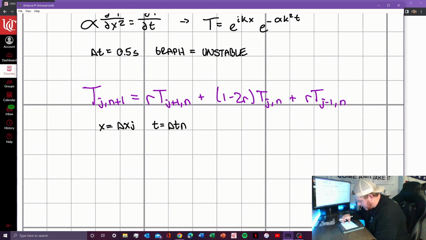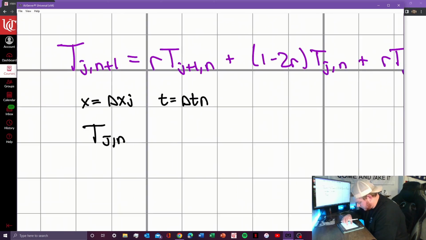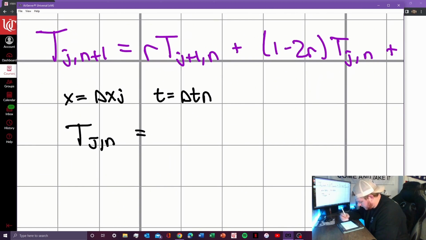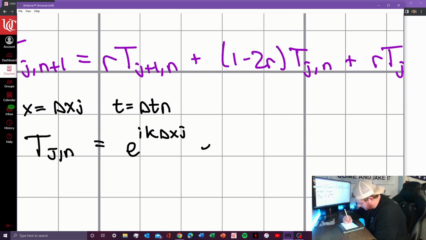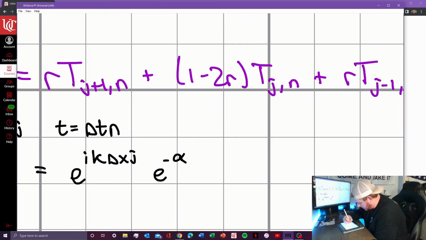Let's start with just j and n to make it simple. So we know from above that that's going to be e to the I k delta x j, times e to the negative alpha k squared delta t n.